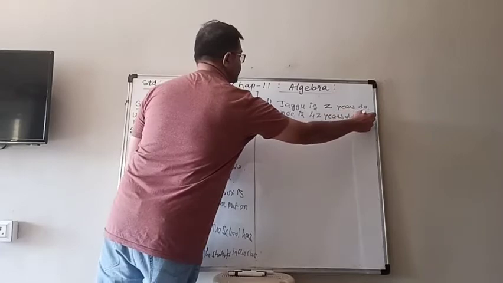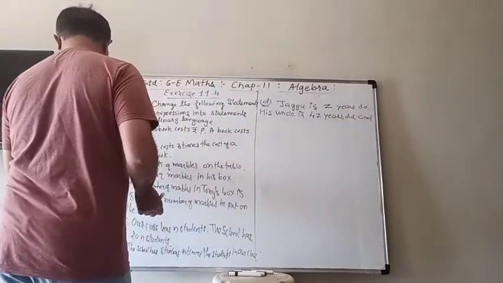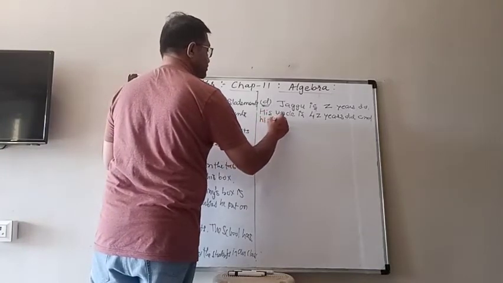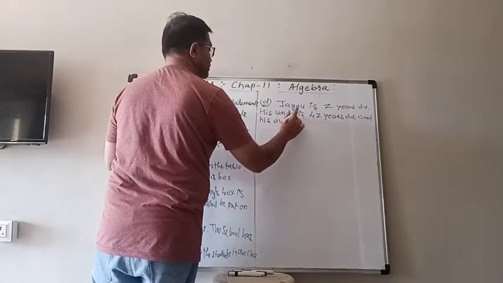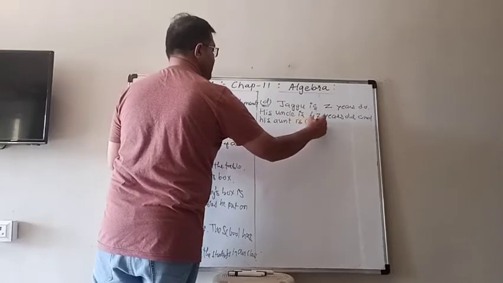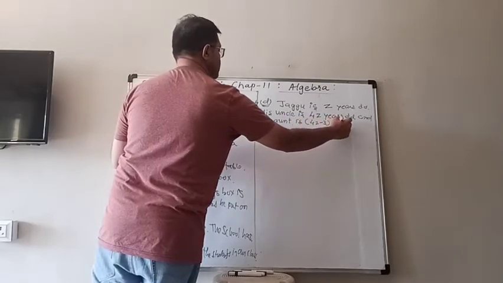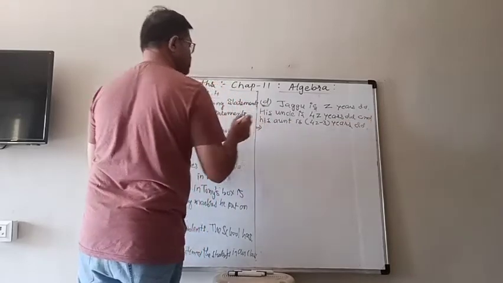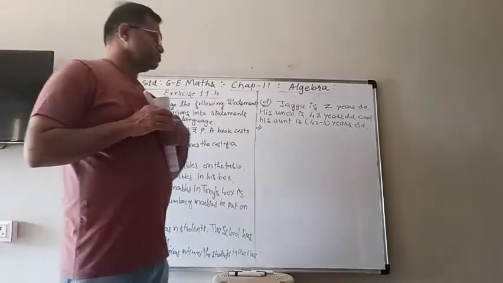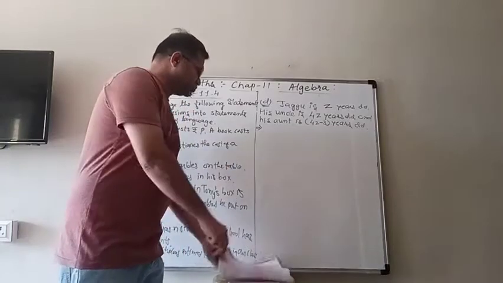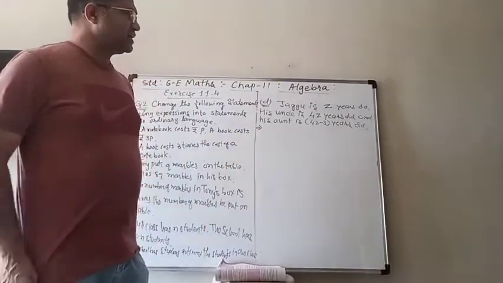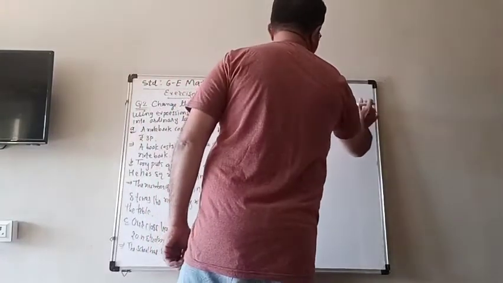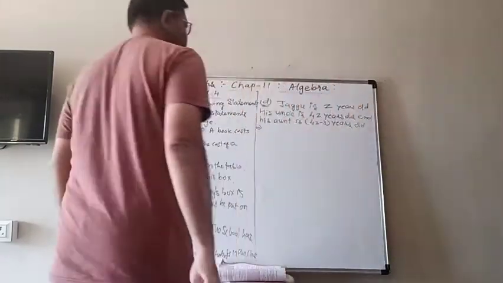And his aunt is 4Z minus 3 years old. So here are two situations related to Jaggu's age. Jaggu is Z years old, but his uncle is 4Z. 4Z means 4 times his age.